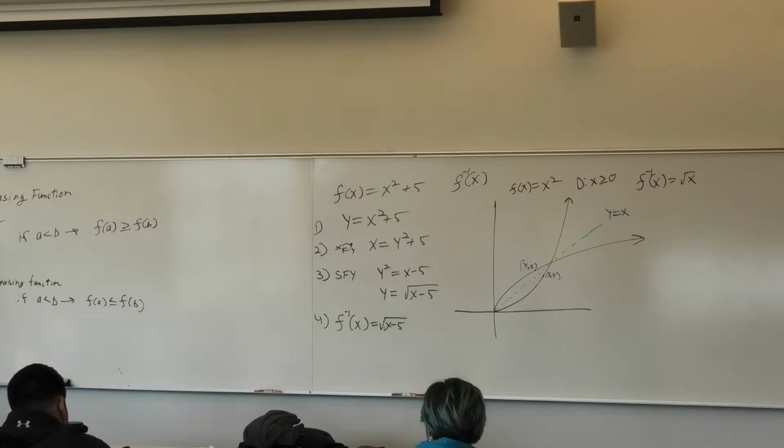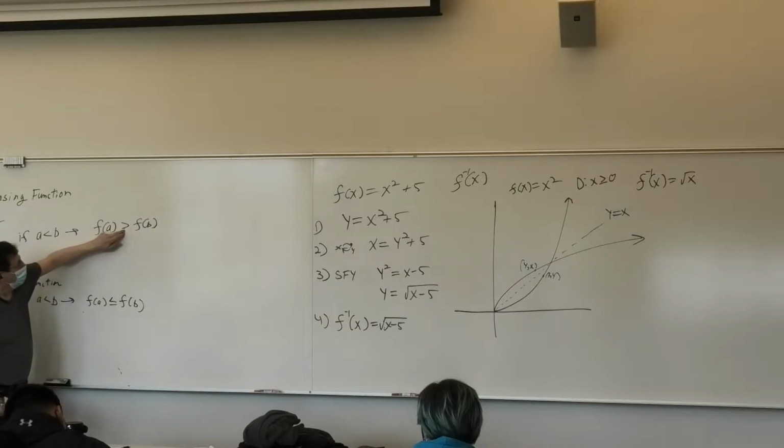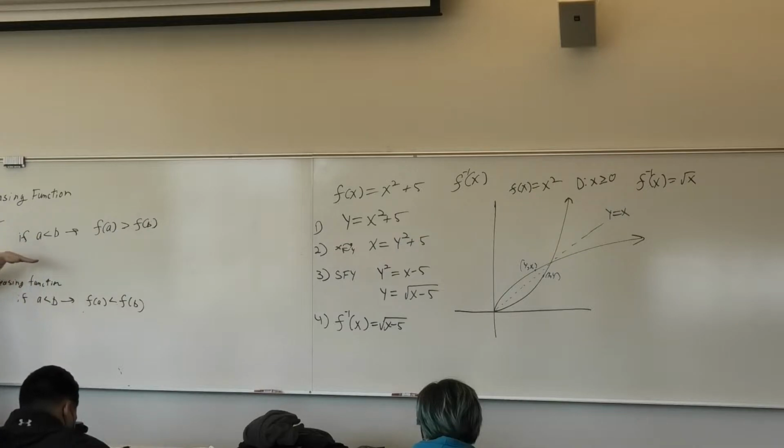There's also a slight nit that I don't think we're going to need to worry about. There's something called a strictly increasing function and a strictly decreasing function. And the only difference is you remove the equal sign. Strictly increasing means it doesn't flatten off and then go up. It has to always be going up.